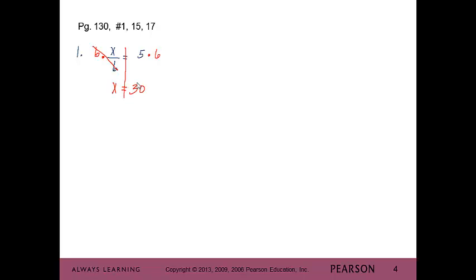And of course, you can check this by plugging it back in. 30 over 6 is equal to 5. So the opposite of multiplication, or multiplying, is dividing, and the opposite of dividing is multiplying.